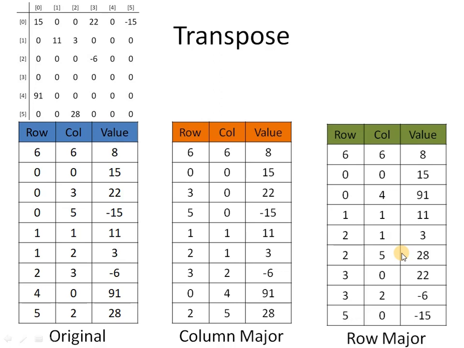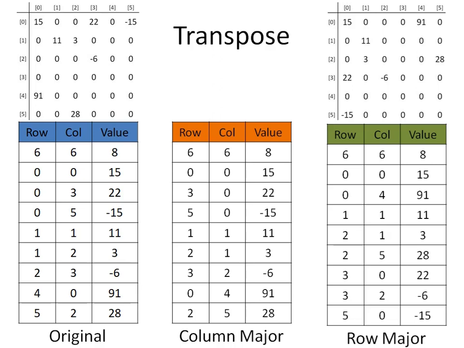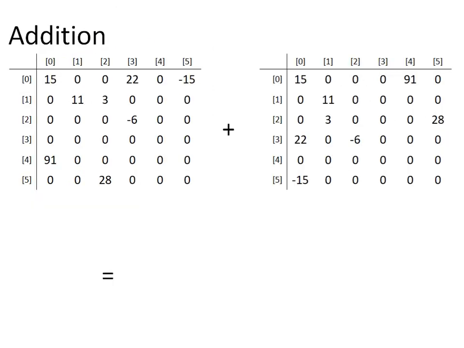The sparse matrix corresponding to the obtained triplet will be like this, and it is the required transpose of this matrix also. Now, in order to add two matrices, we have to look at elements which are lying at the same index positions.